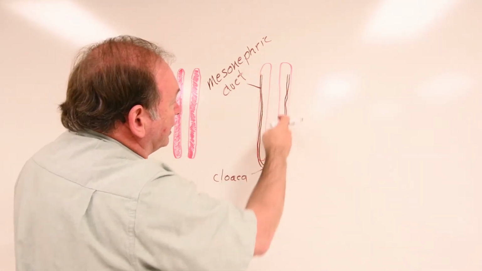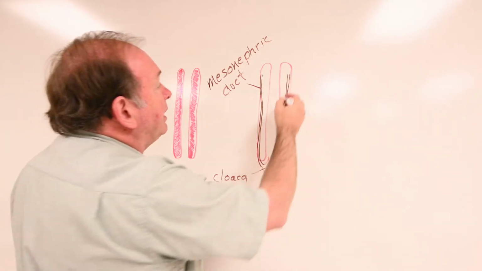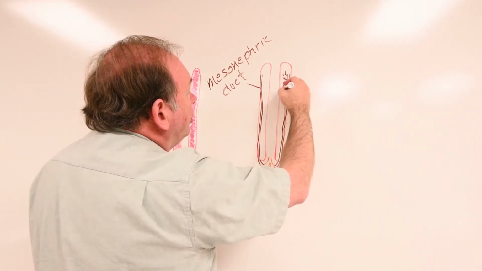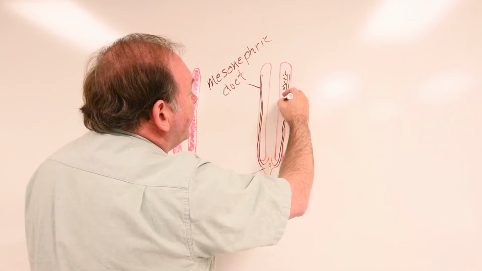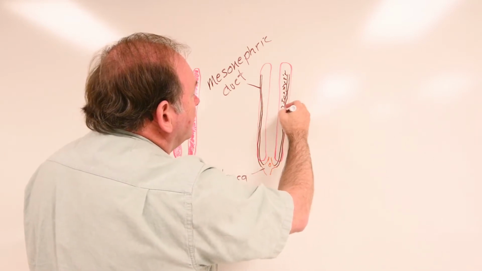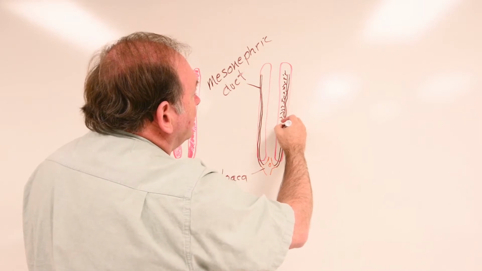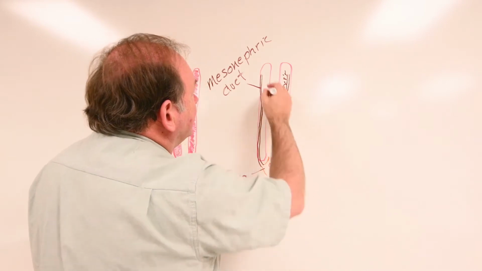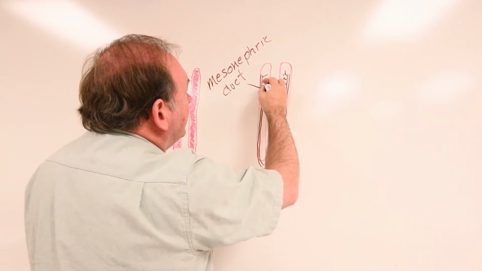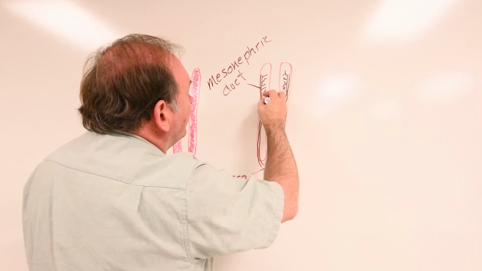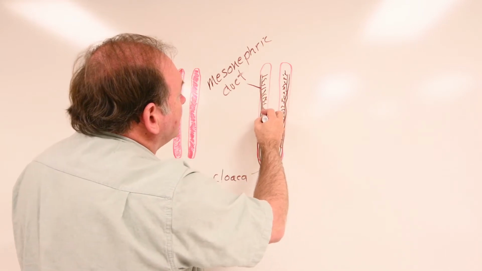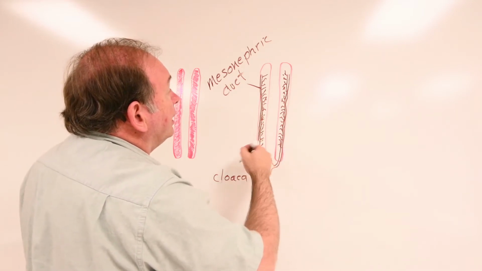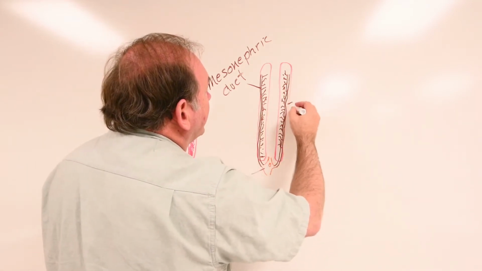The mesonephric ducts form within that, and then soon after, we start to form some little tubules that are the beginnings of nephric tubules, kidney tubules that are responsible for kidney function, the processing of nitrogenous waste, osmotic balance and all that good stuff. So this is the beginning of a kidney structure, and we're going to refer to this as a mesonephric kidney.